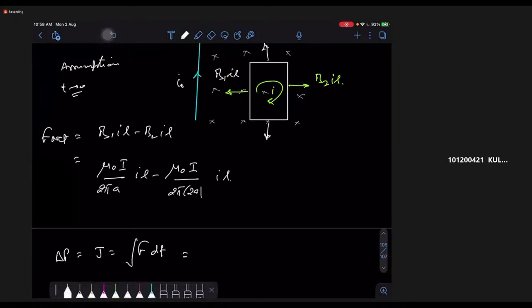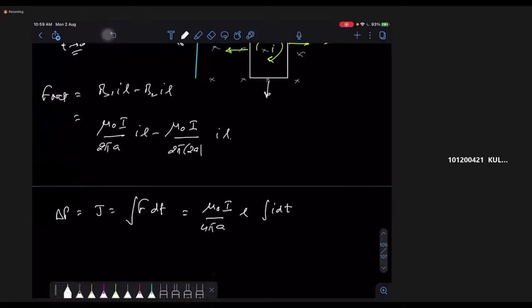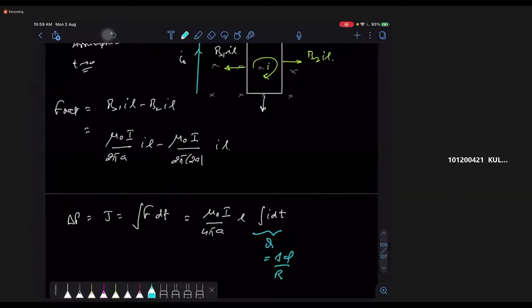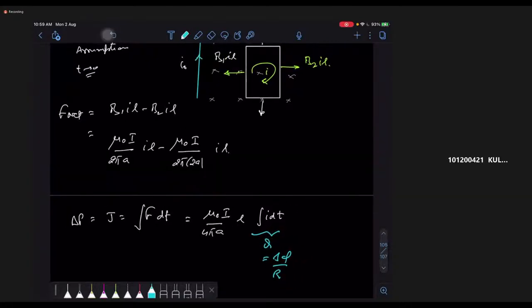If you take this force into time, many factors here are common. So it will give me a factor of 4 pi A L. And integration gives me the charge. So this factor is nothing but a charge, and the charge is nothing but the flux change divided by resistance. The flux change by resistance we have already done in part 1.